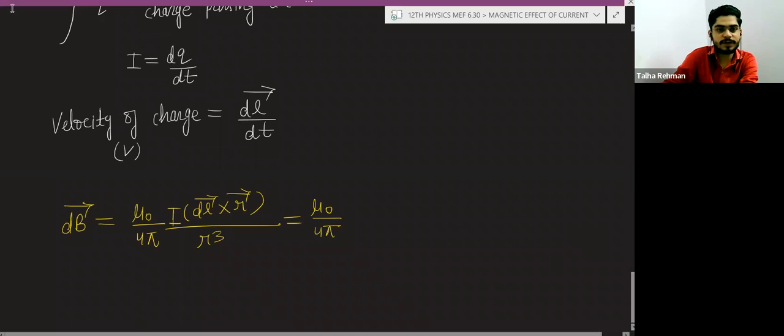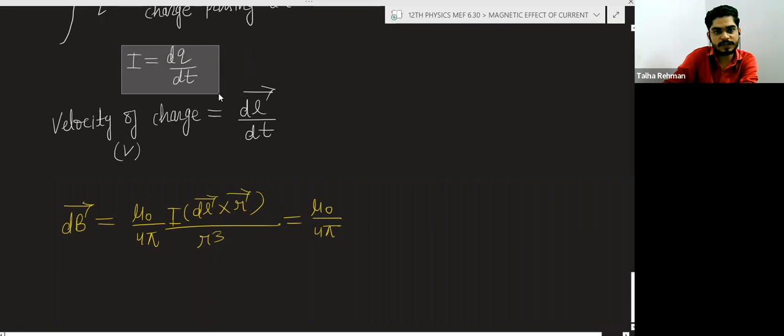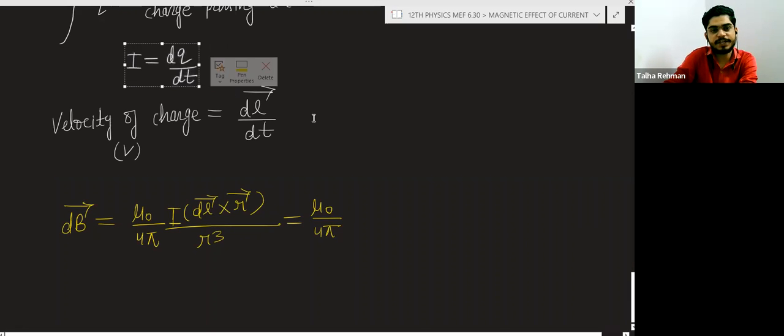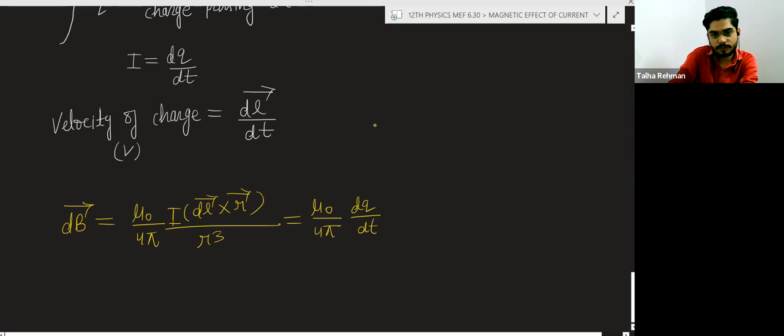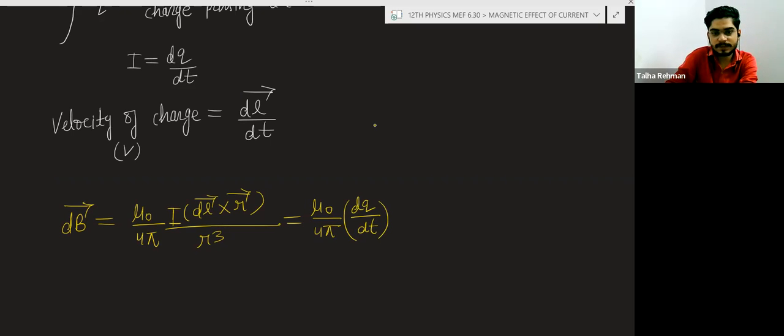Just put the value of current first. What is the value of current here? Put here dq by dt. And now you have this dl vector cross r vector divided by r cube.